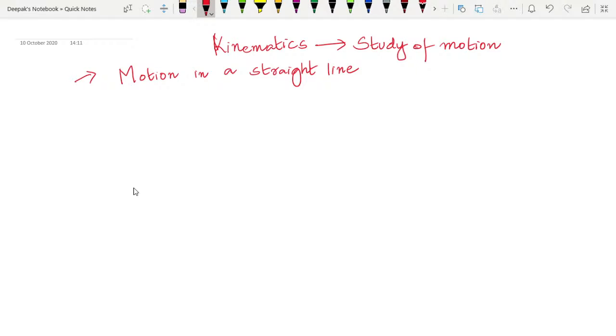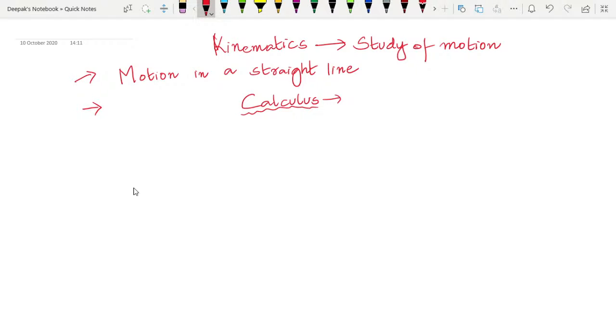Okay, so before that I have to teach you a little bit of mathematics that we are going to use later on, and those two are topics of calculus. Calculus is a branch of mathematics which you will be learning in class 11 and 12.